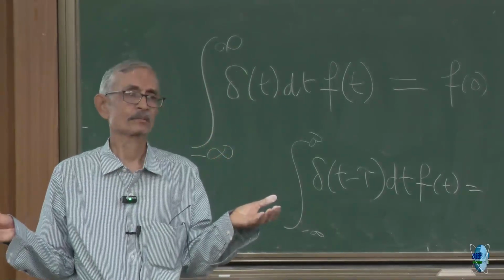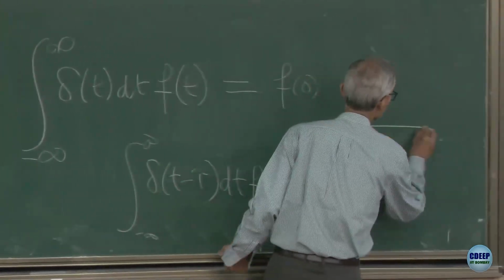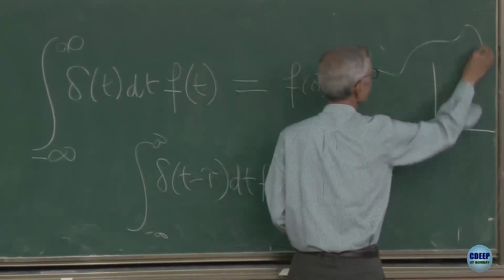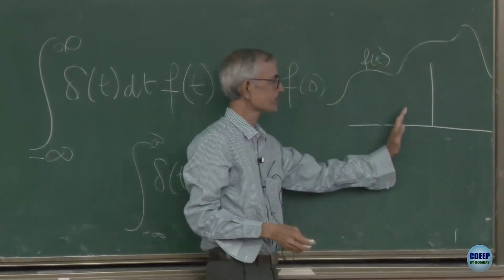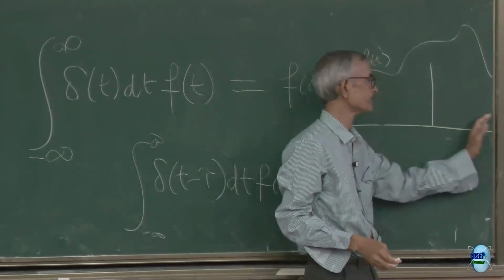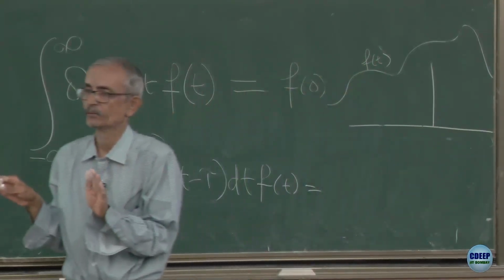It's f tau, right? Because this guy here is existing only here, and this is whatever could be f of t. So everywhere else you are multiplying with 0, except this location where it exists as f of tau, right?